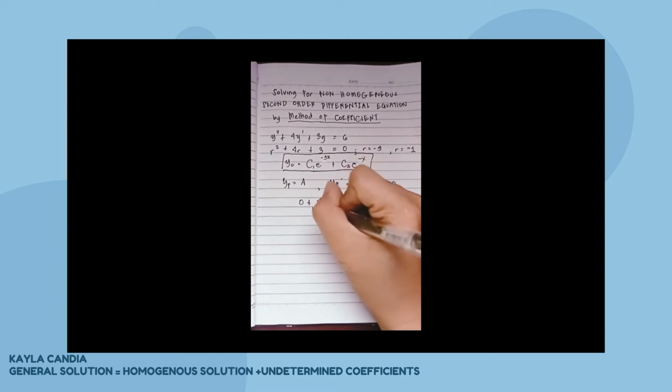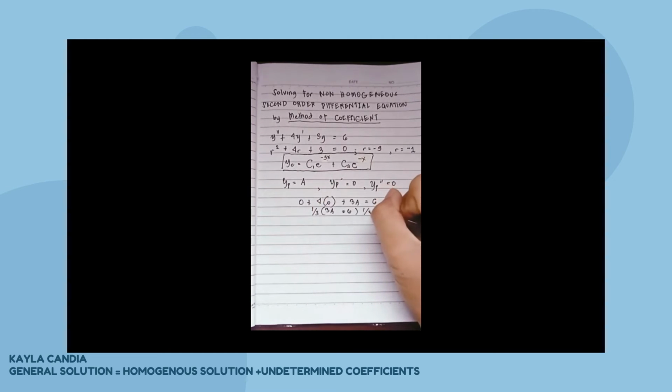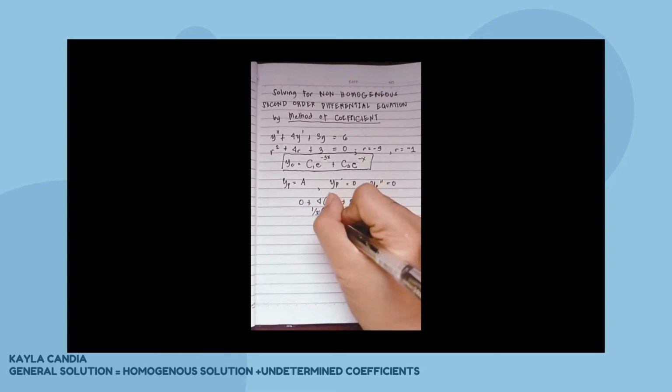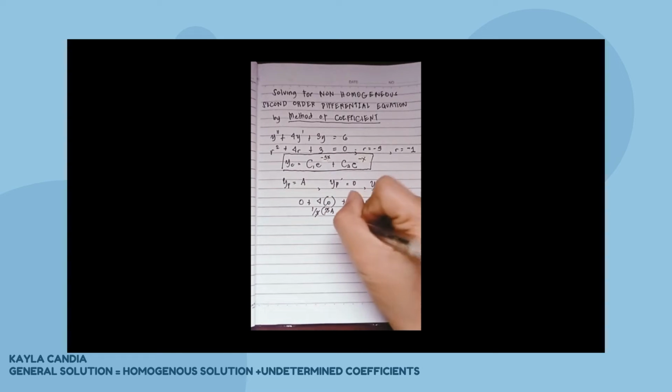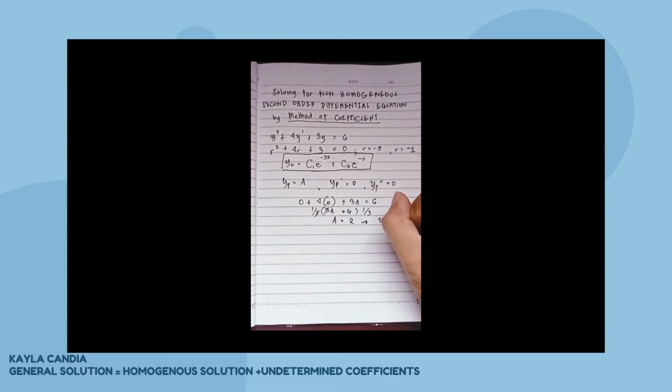Multiply both sides by 1/3. So a is equal to 2. Therefore, our particular solution for this non-homogeneous differential equation would be 2.